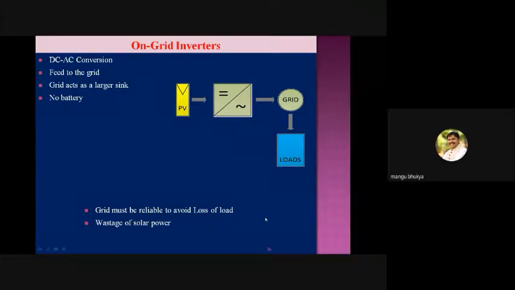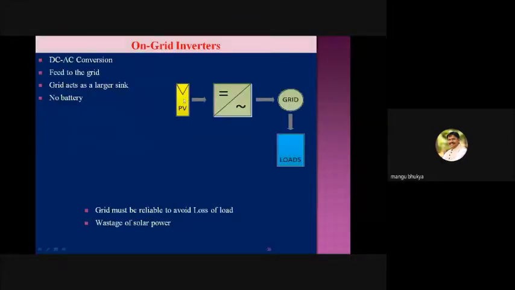Now our system is gradually shifting, and we are tapping more power from large solar power plants. Here we are directly giving power to the grid, not to the load. A large solar power plant generates power in terms of megawatts, with many panels occupying acres of land, directly connected to the grid, and the load is connected across the grid. So this is the grid connected system.